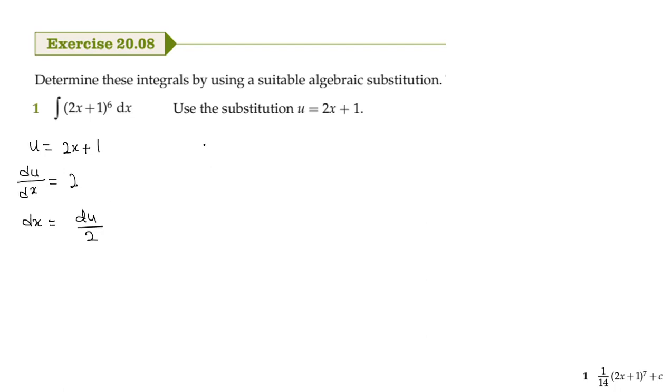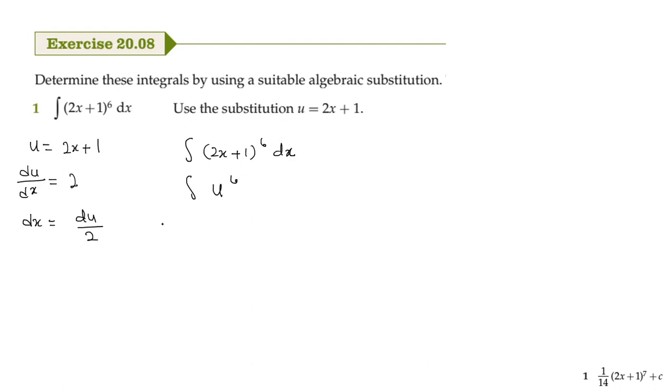Now this is the time when we have to substitute everything. The original question: integrate (2x plus 1) to the power of 6 dx. You already substitute the function inside the bracket with u, so you put u to the power of 6, just copying whatever is in the question.